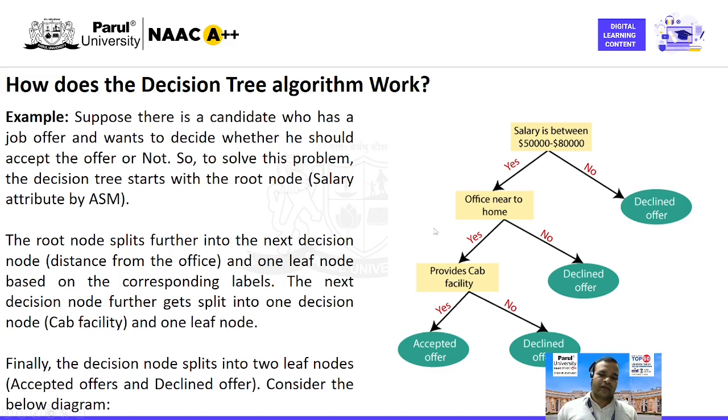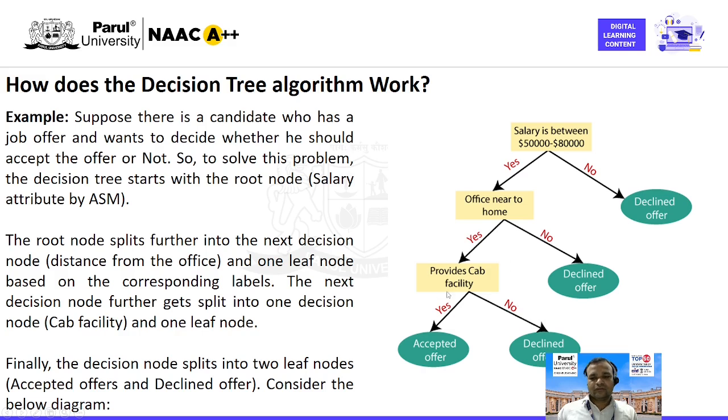So again, if the office is near to the home, he will accept the offer. But here we again have a decision node. The next decision node further gets split into one decision node, whether the office provides a cab facility, and there is also one leaf node here.